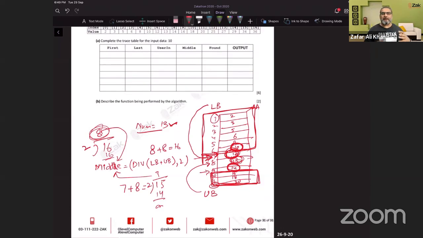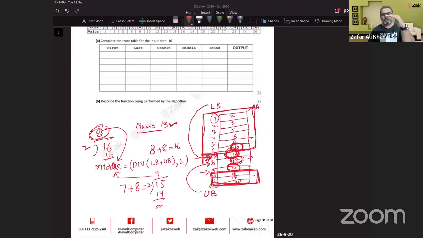So basically binary search helps us to reach a number, or search a number, in fewer turns. So what basically happens: you have got an array, you input the number that you need to search in the array, you take that number, apply this formula, lower bound plus upper bound, divide by 2, find the quotient, and that quotient is your middle.